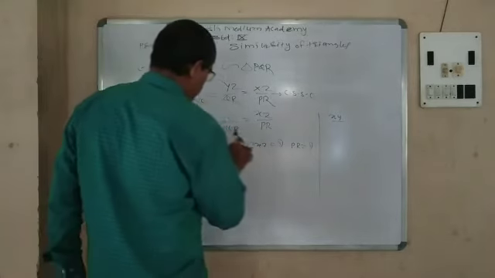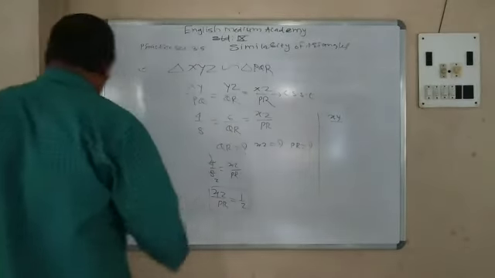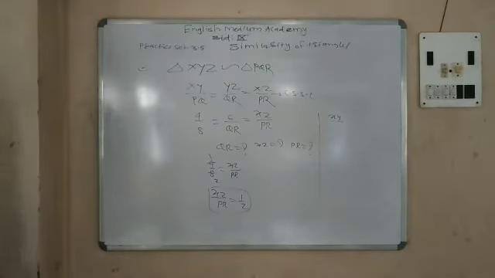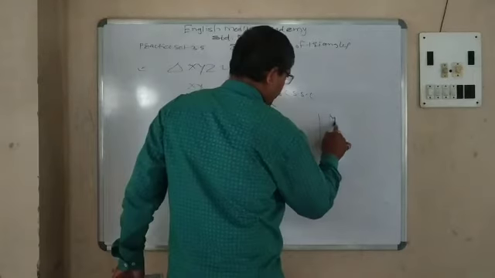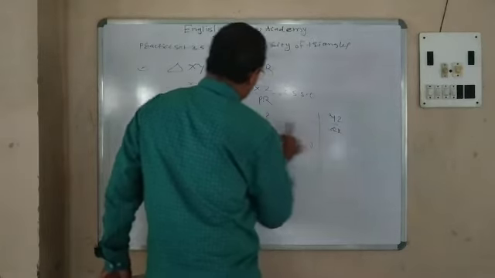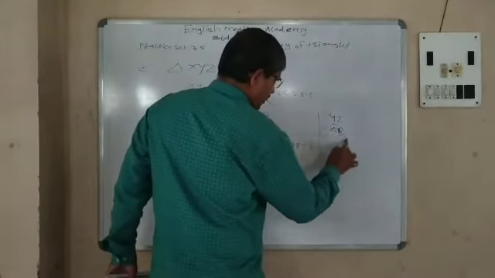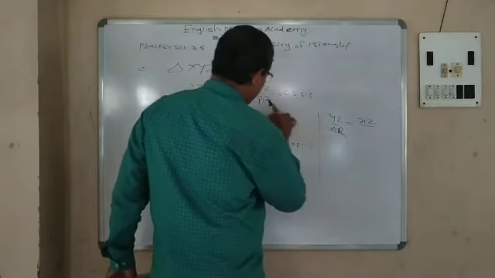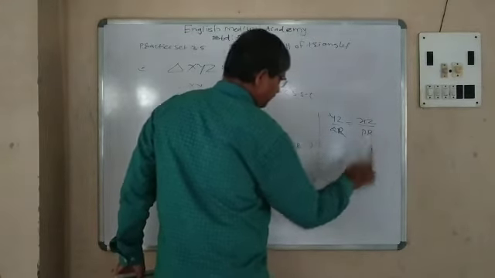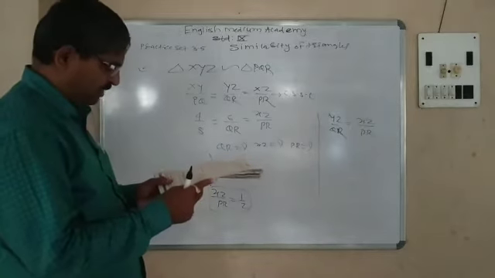So now we will take XZ, since you want to find the next side. Therefore we will take YZ upon QR, the second and third pair, YZ upon QR is equal to XZ upon PR.